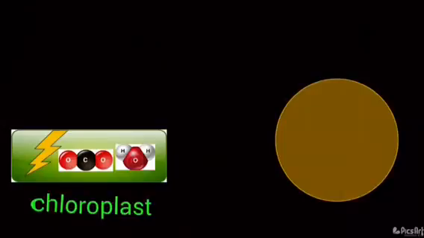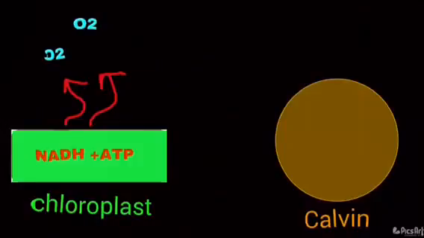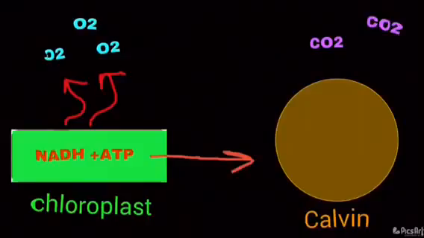And now this small animation will show both the light reaction and the Calvin cycle. As you can see, the products in the light reaction, the NADPH and the ATP, are used in the Calvin cycle to produce the glucose.